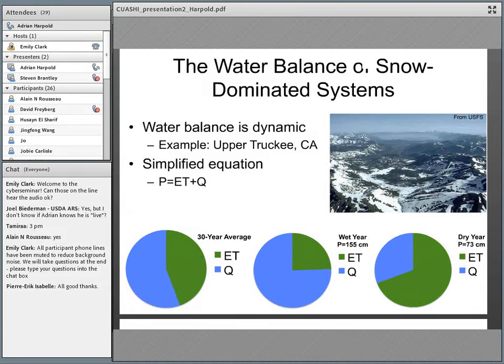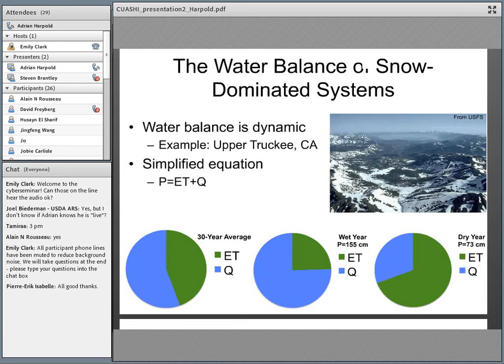If we take a really simple view of what a water budget looks like, we might think that precipitation, P, is the sum of evapotranspiration or vapor losses plus Q, which is stream flow in this case, or runoff from the system. And so on a 30-year average, we're seeing nearly a 1-to-1, or about 50% of the water budget going to evapotranspiration, about 50% to discharge.